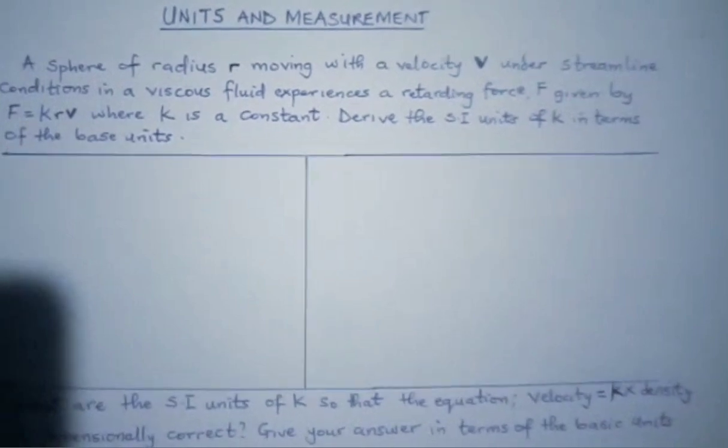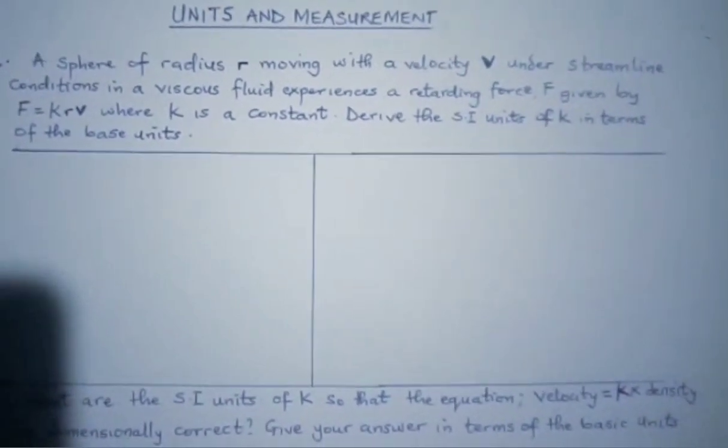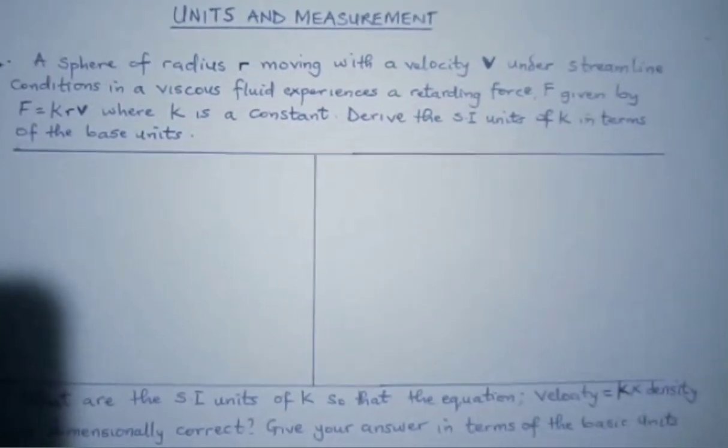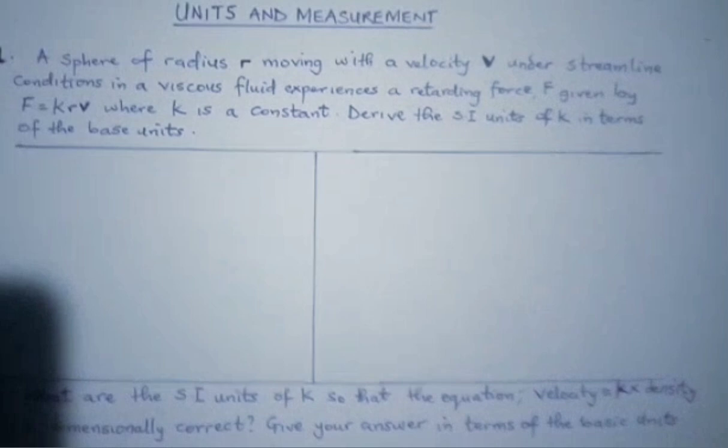Alright, so the first thing we need to do is to write out what we were given. What were you given? F is equals to KRV.